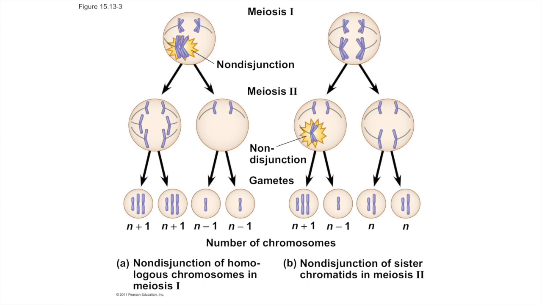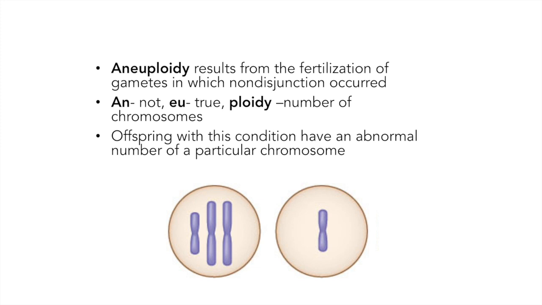Essentially what happens is the harnessing system, the microtubules, don't connect properly, and too many chromosomes go one place and not enough go to another. Again, this is typically very, very bad and not viable, but there are a handful of cases in which it works, kind of. So what we call that situation is aneuploidy.